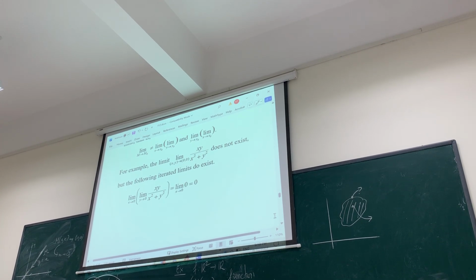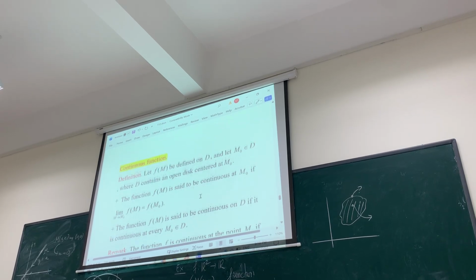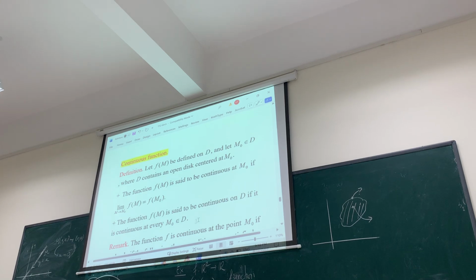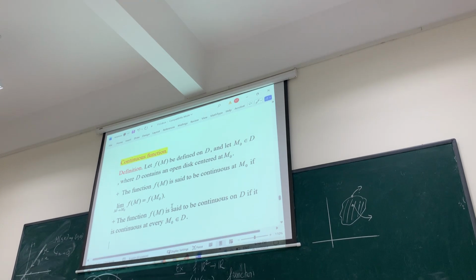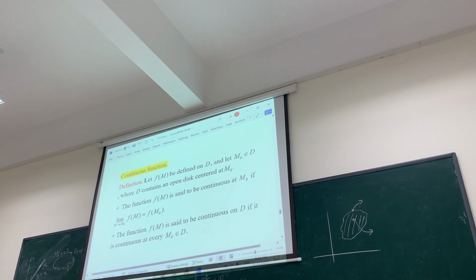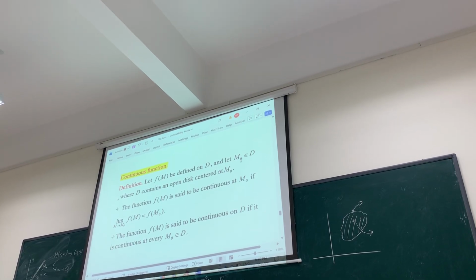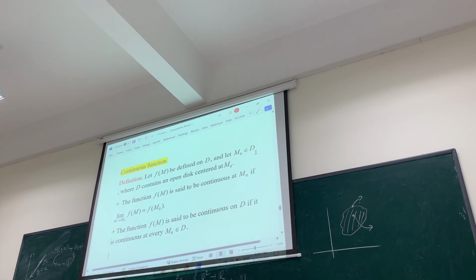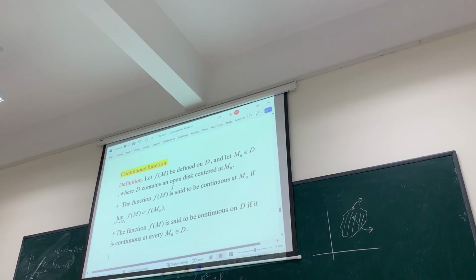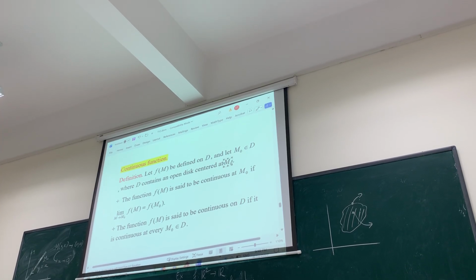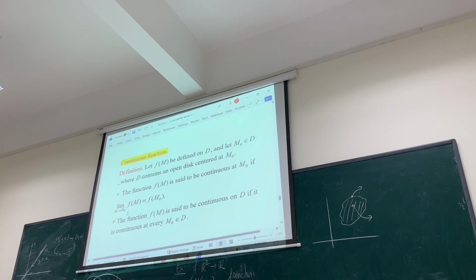Okay? Now, continue. We have the definition of a continuous function. Let the function f be defined on the set D. Let the point n0 belong to D, and D contains an open disk centered at n0.